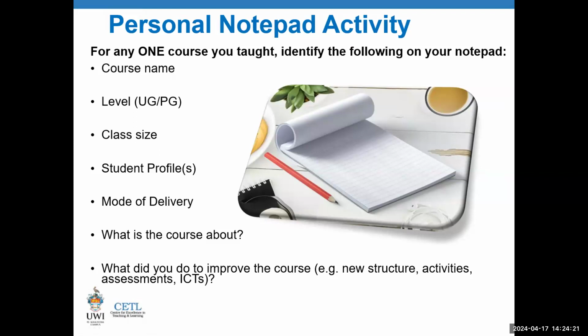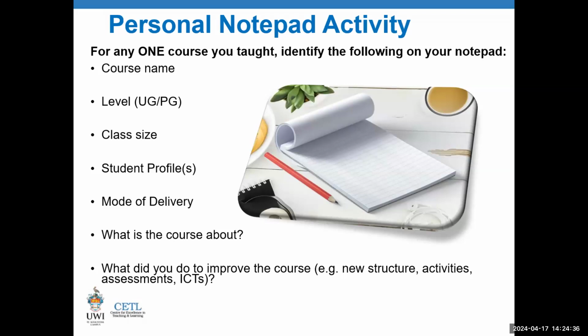All right. I'm going to give you about two or three minutes to do that. The reason I'm doing that is so when you get to your ePortfolio asynchronously, you have something to work with.